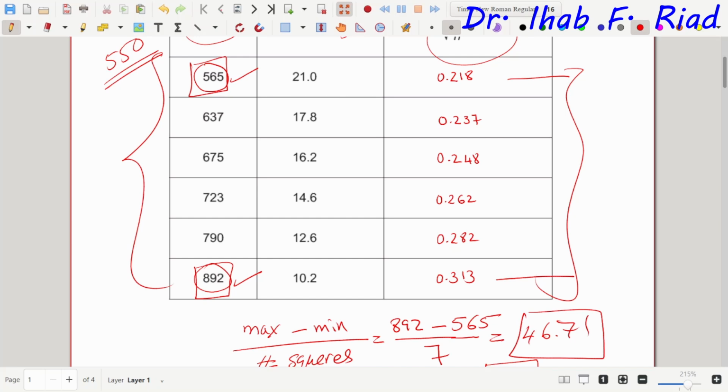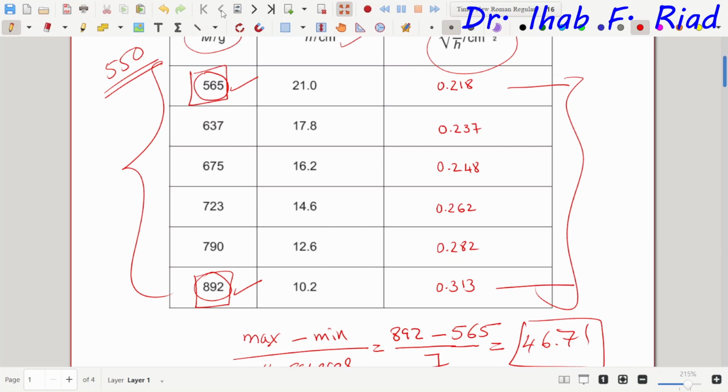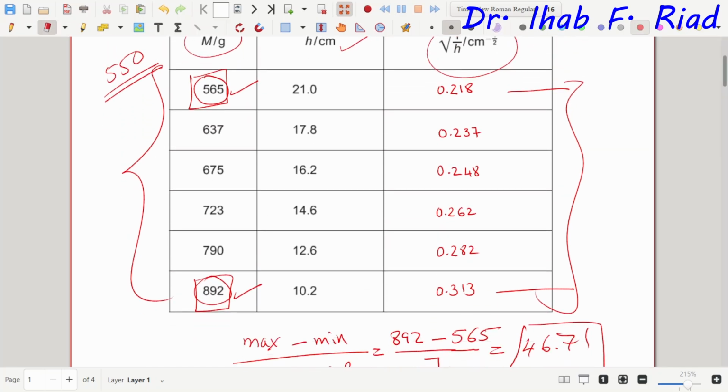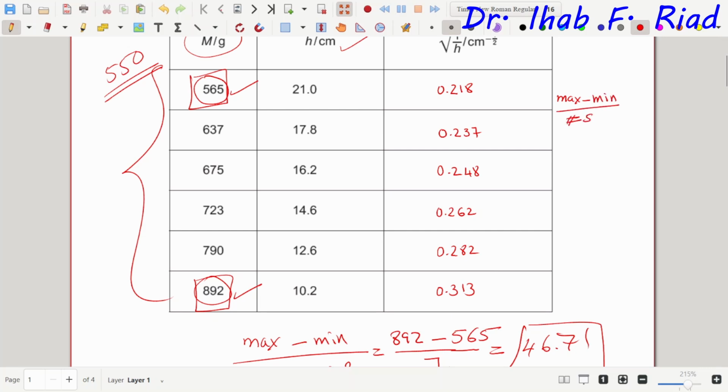Then we don't need to start from 0 on the y-axis. How we are going to get the scale for the y-axis, again, always remember this, it is maximum minus the minimum and divide by the number of squares.